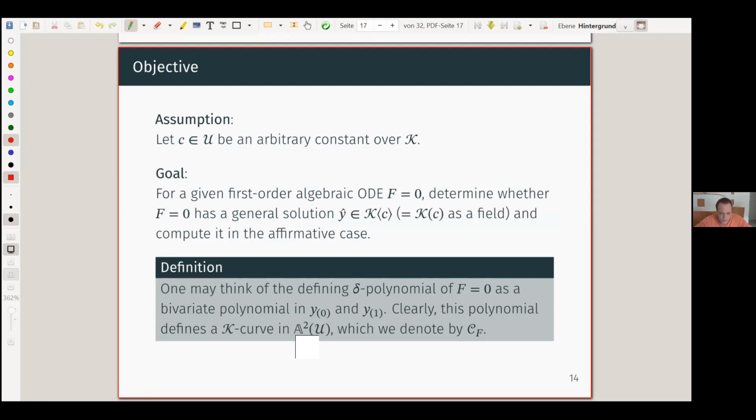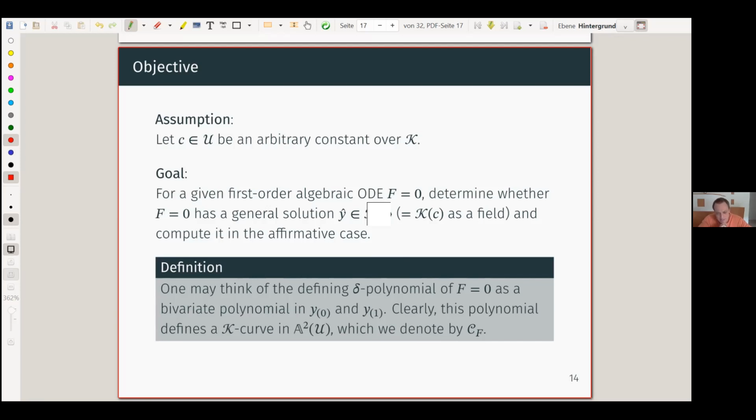And my goal is now, so if I've given a first order algebraic ODE, f equals 0, I want to determine if there is a general solution, which means a generic 0 of the general component of f, which is contained in this very simple differential extension field.